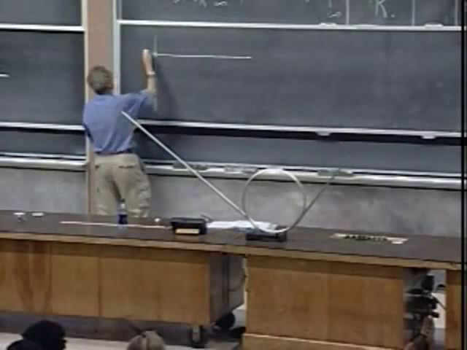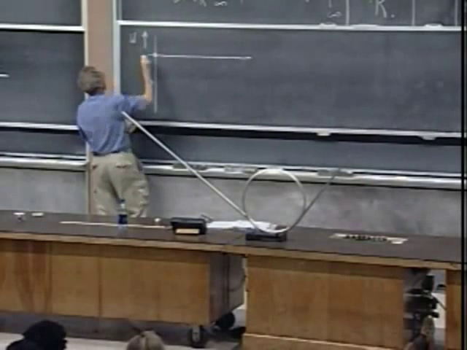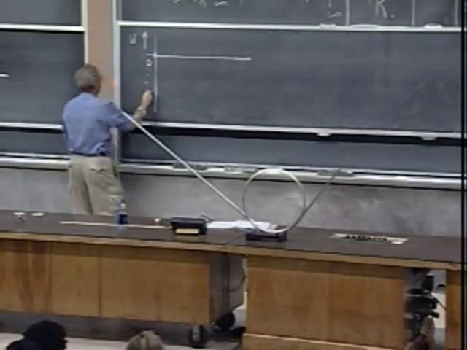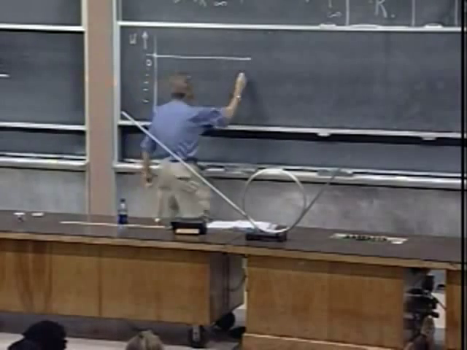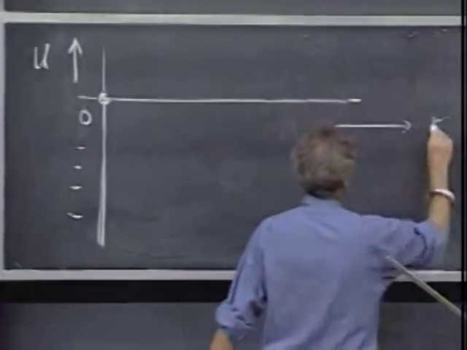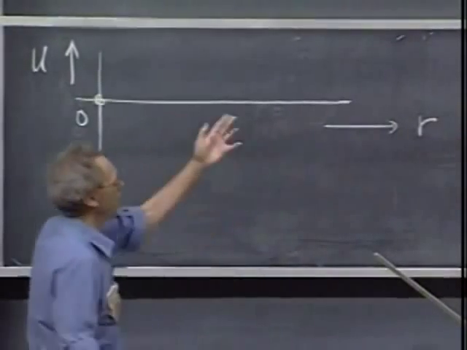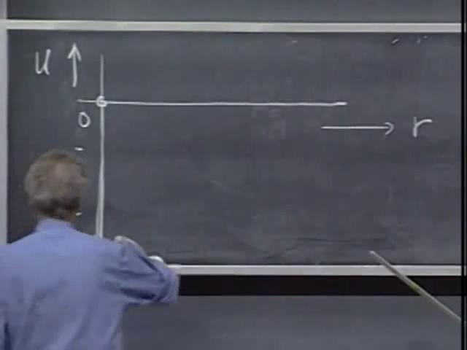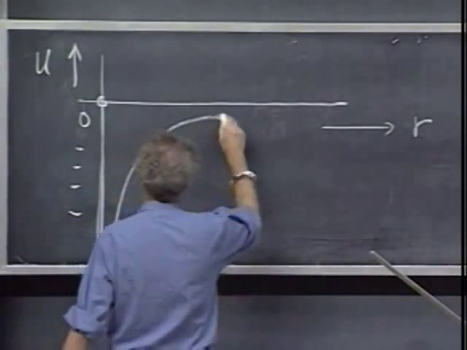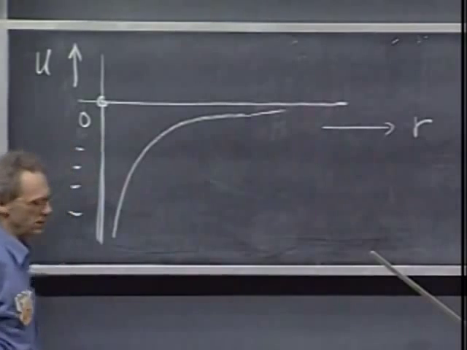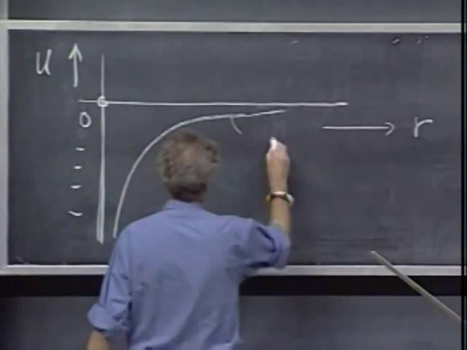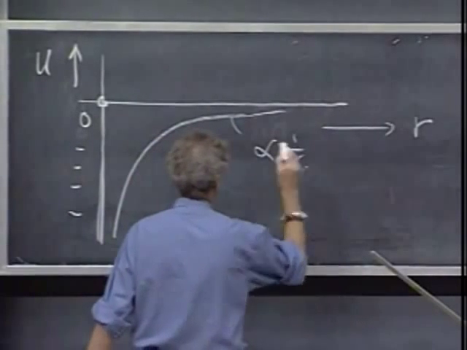Here 0. This is the gravitational potential energy. All these values here are negative, and here I plot it as a function. I use the symbol little r now instead of capital R. And so the curve would be something like this. This is proportional to 1 over R.